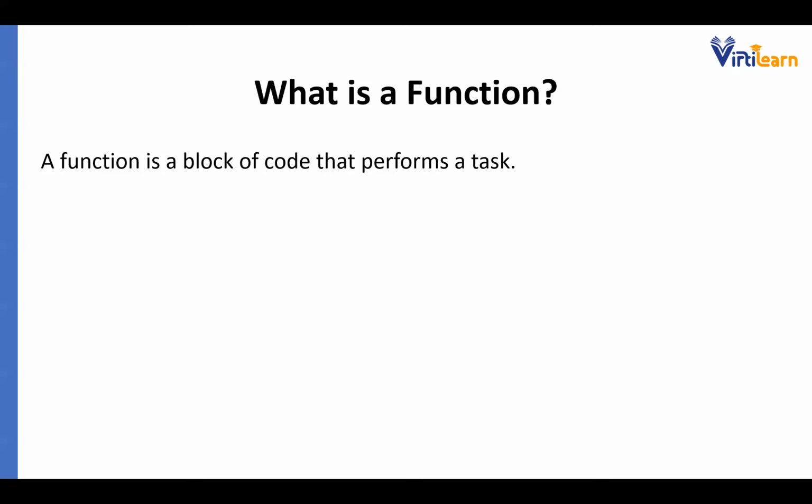Whatever task you assign to her, she will complete it, and again she will go back to her original work. Similarly, a function is a block of code written by either you or some other developer. Whenever you want to execute it, you can simply call it. For now, simply remember: a function is something which performs a task. If you call it, it will perform some task for you. Just keep it simple in that way.